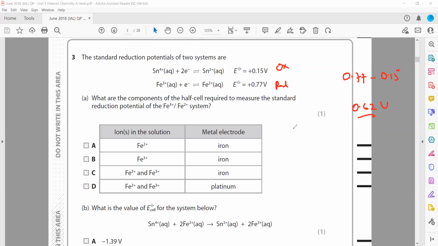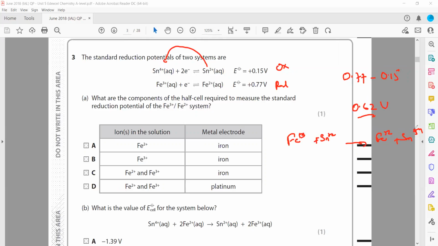And what does it mean? It means that iron 3 will convert into iron 2 and tin 2 will convert into tin 4. So the formula always gives the feasible reaction.